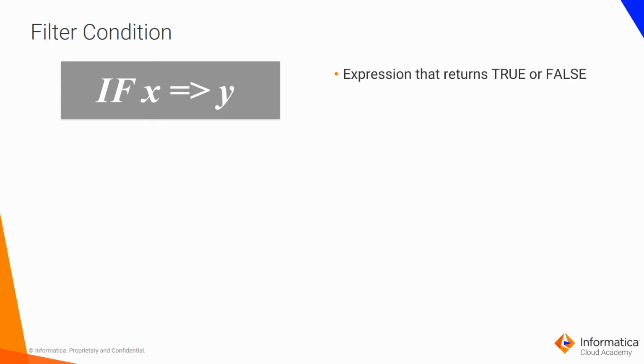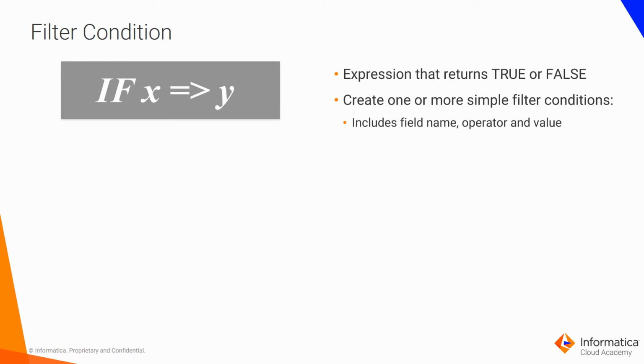You can create one or more simple filter conditions, which would include the field name, the operator, and a value. Note that the conditions are case sensitive. You can use the following operators in the condition: equals, less than, greater than, less than or equals to, greater than or equals to, and not equals to.